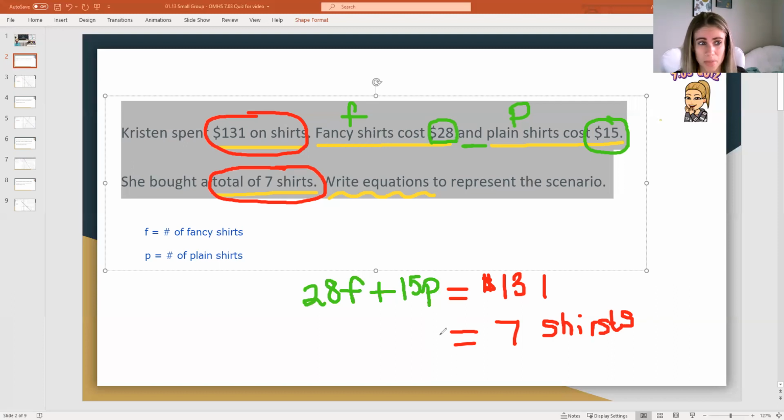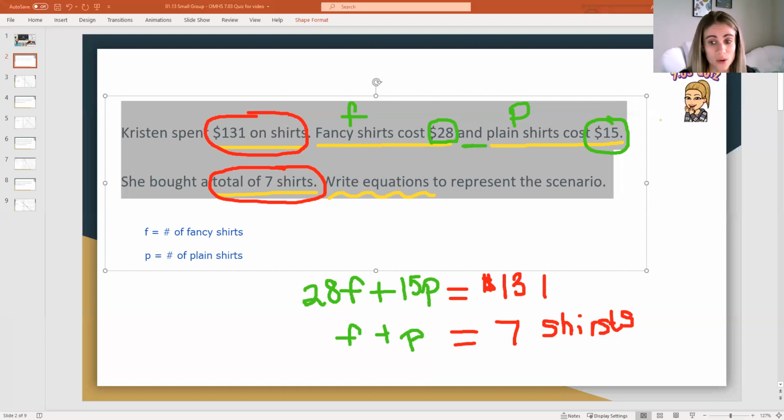Well, what is it that adds up to 7 shirts? Yeah, the shirts I bought, the fancy and the plain. That right there is actually just going to be your equation: the fancy shirts plus the number of plain shirts equals a total number of 7 shirts purchased.